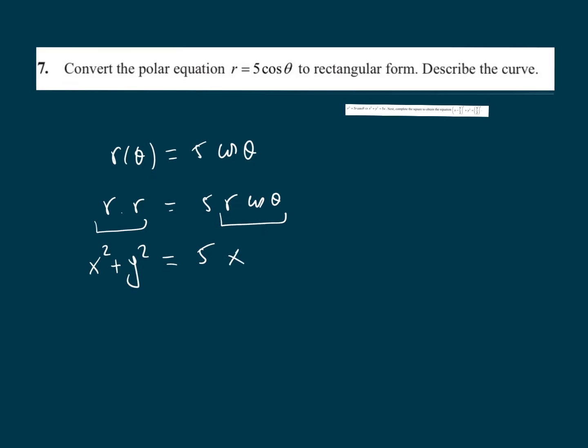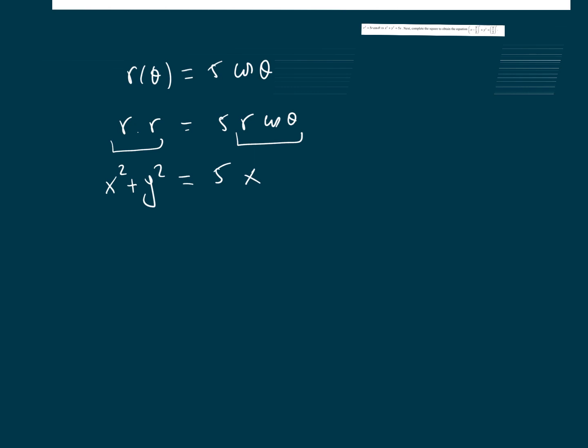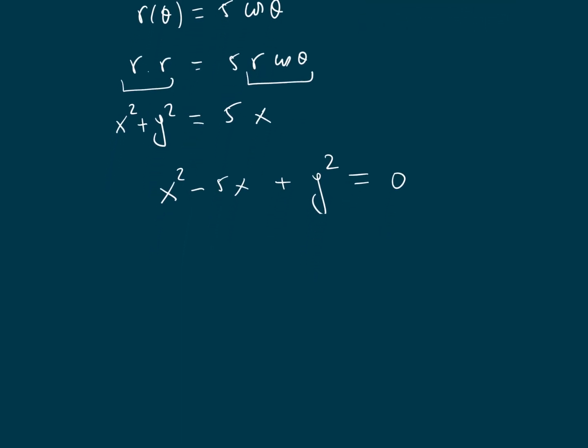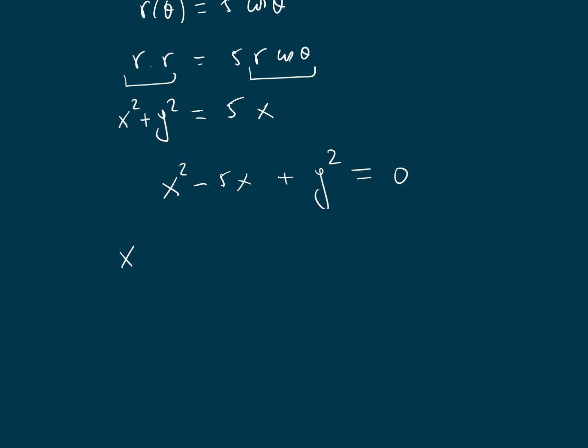Now we have to use a pre-calculus skill. We need to complete the square. So this is the equation that we have: x squared minus 5x plus y squared equals 0. I will write this equation like this: x squared minus 2 times 5 divided by 2 multiplied by x, plus y squared.